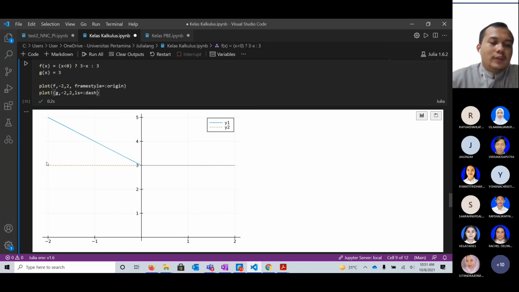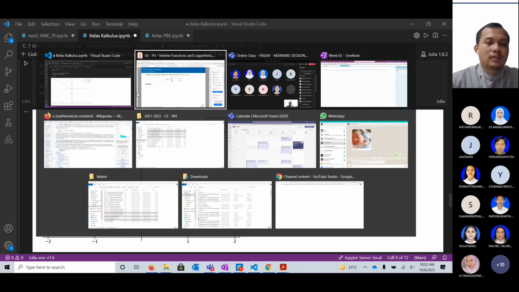Because if we take a horizontal line at y equals 3, then when x is positive, the horizontal line intersects the function f of x infinitely many times. It is actually the same line. So this is why f of x in this case is not 1-to-1.